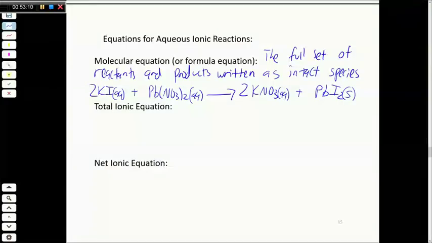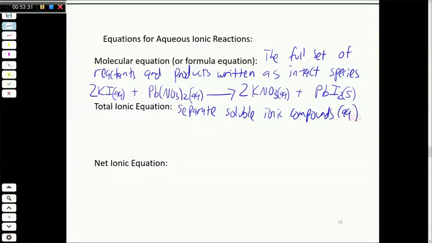So we balanced it. Now the next type of chemical equation we can write is what's called the total ionic equation. So in this case, we're going to separate anything that's a soluble ionic compound into its ions. So anything that has an aq next to it, we separate into ions, as we've already talked about happens.